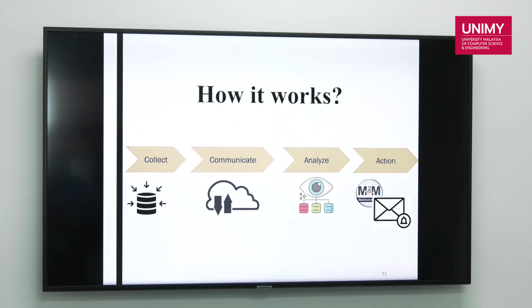There are four main parts of IoT: collect, communicate, analyze, and act. Collect is the function of the sensors, which collect all the data. We can have data from multiple types of sensors, and each sensor behaves differently.